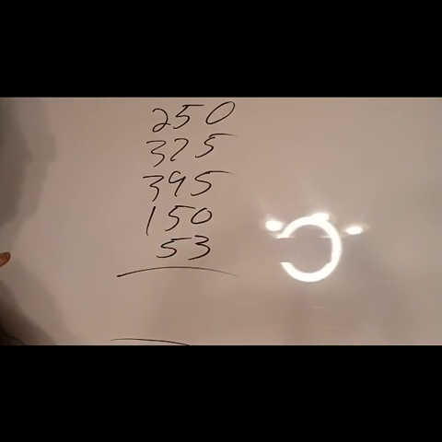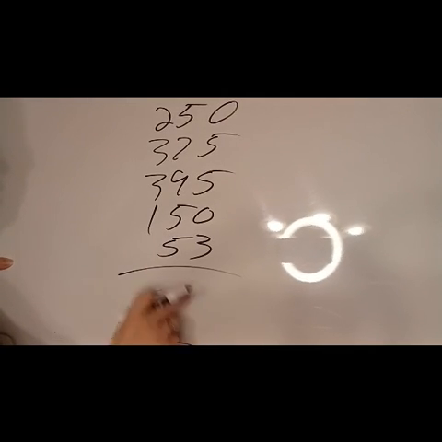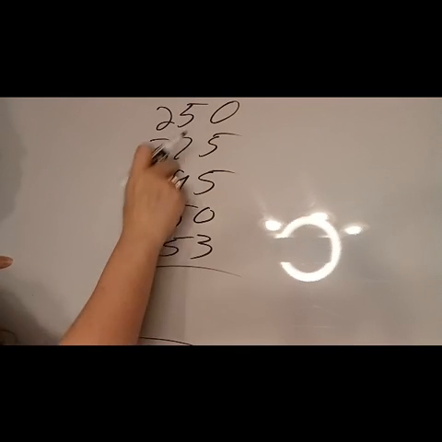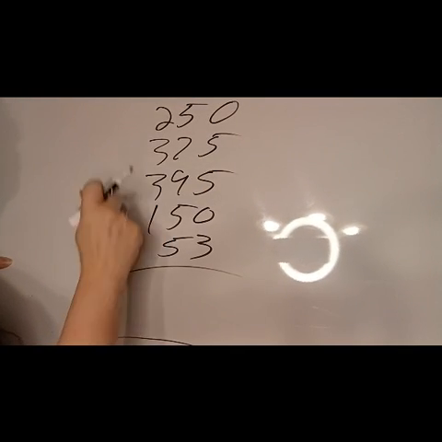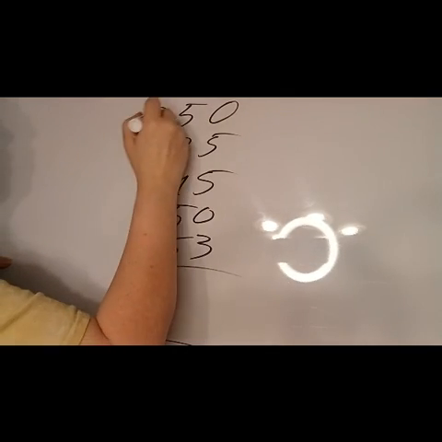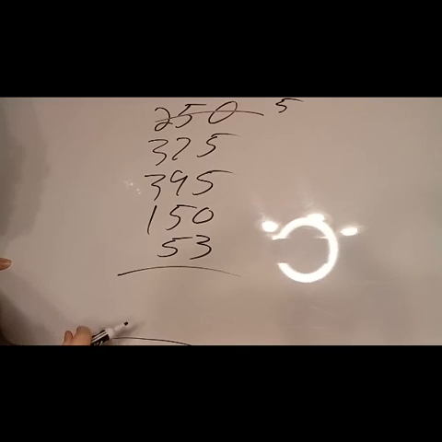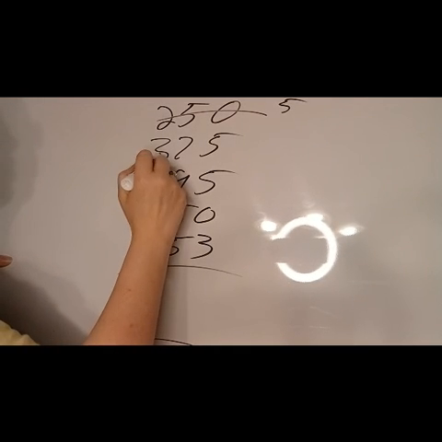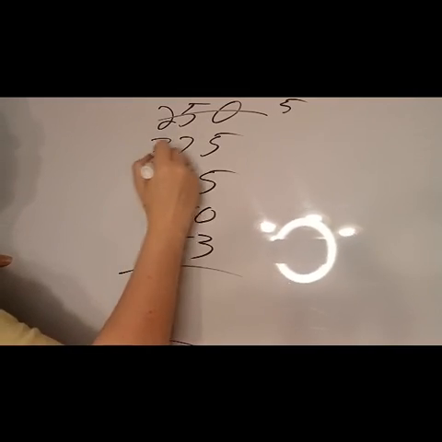In this case, I'm going to take out 50s, because we've got a 53 and we've got lots of things around 50. So let's take out 50s. This is 5 of them right here. We got 6 to make the 307 and 25 left over.